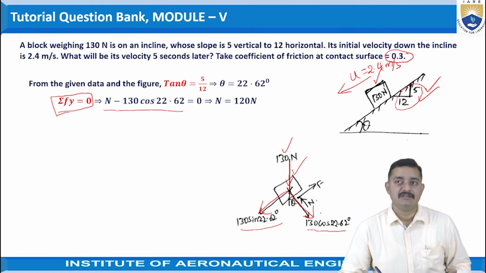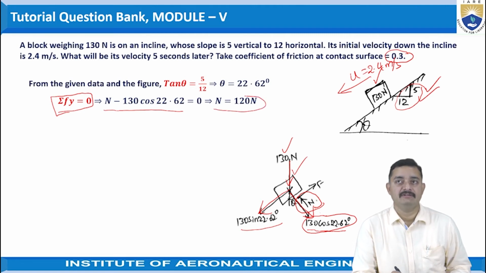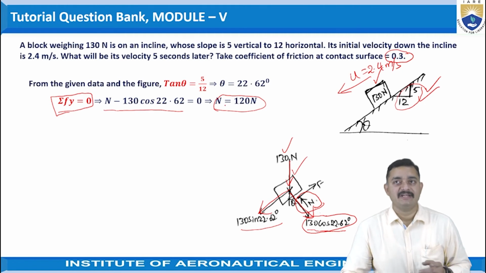Here the forces perpendicular to the plane are this normal reaction N and 130 cos 22.62 degrees. So that will provide our normal reaction value N as 120 newtons.